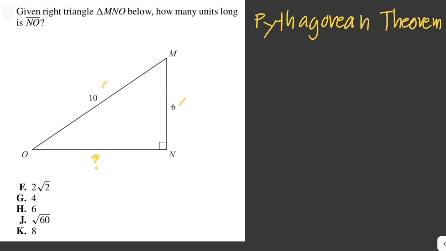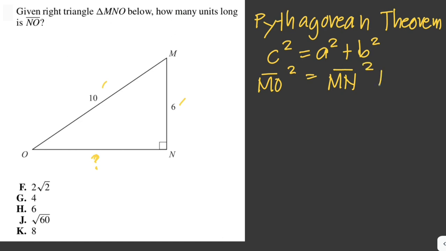The Pythagorean theorem says the square of the hypotenuse equals the sum of the squares of the legs. So our hypotenuse here is MO squared, and then MN squared plus NO squared.